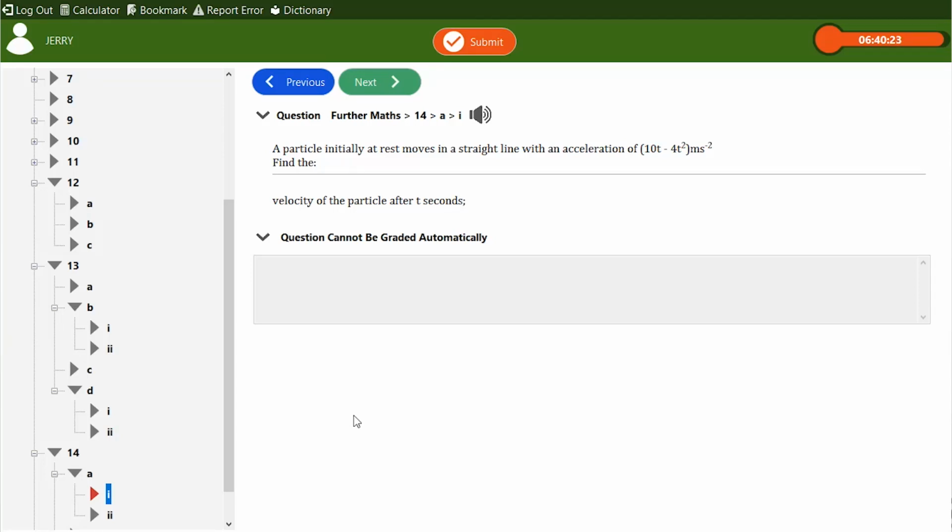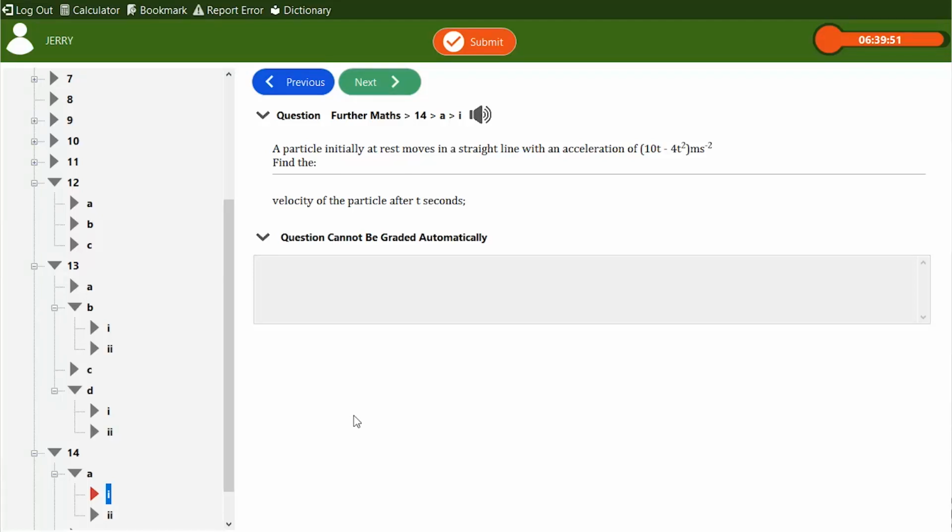A particle initially at rest moves in a straight line with acceleration of 10t minus 4t squared meters per second squared. Now find the velocity of the particle after t seconds. You know, if you don't take your time, you will think the question is wrong.